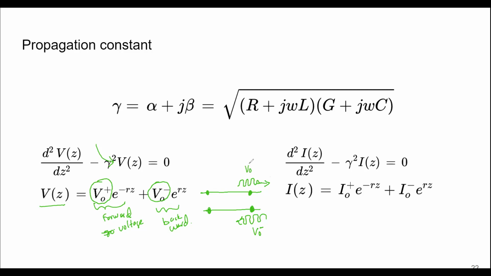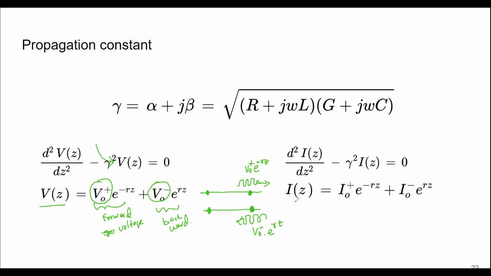The forward going voltage has a magnitude of V naught plus, and its phase is given by e to the minus gamma Z. For the backward one, it is given by e to the plus gamma Z. So this is how we can represent mathematically the forward going voltage with e to the minus gamma Z, and the backward going voltage by e to the plus gamma Z. That comes with the understanding about the signals and how they shift forward and backwards.